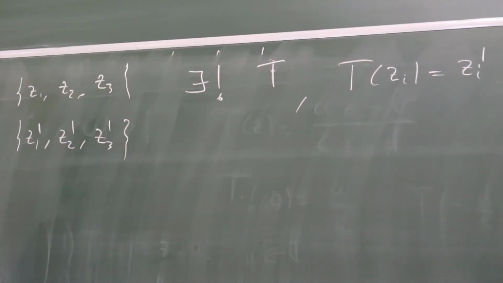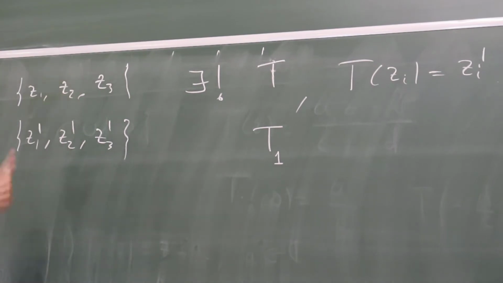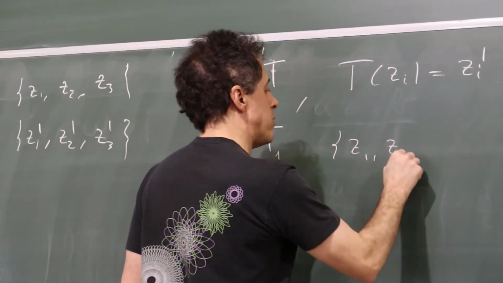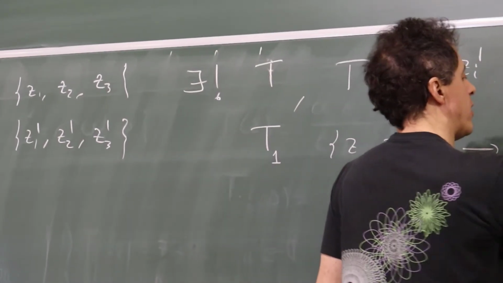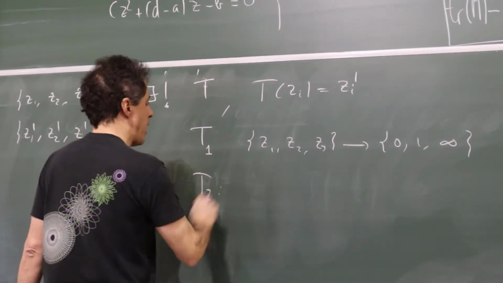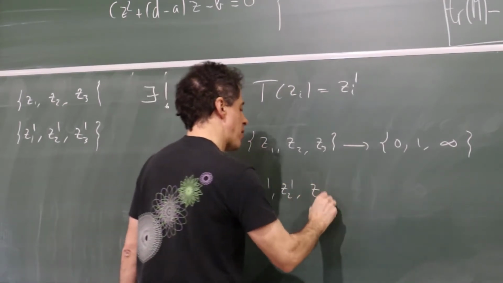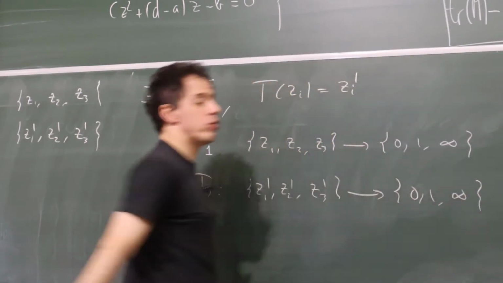And the argument is the same as before, or we can do the following. We can take, for instance, T1, a Möbius transformation taking Z1, Z2, Z3 into 0, 1, infinity, constructed as before, and T2, another one taking Z1 prime, Z2 prime, Z3 prime into 0, 1, infinity, constructed as before.